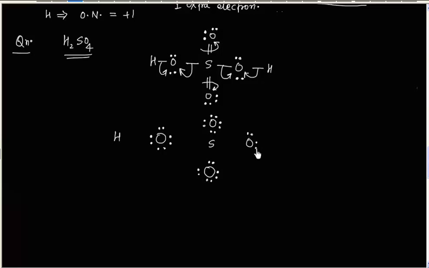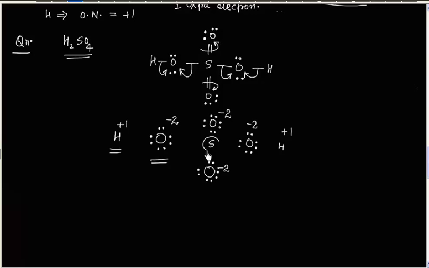So all oxygens are having 8 electrons. Now we can calculate the formal charge. Over this hydrogen there is a loss of 1 electron, plus 1. For oxygen, 2 extra electrons, minus 2, 2 extra electrons, minus 2, 2 extra electrons, minus 2.